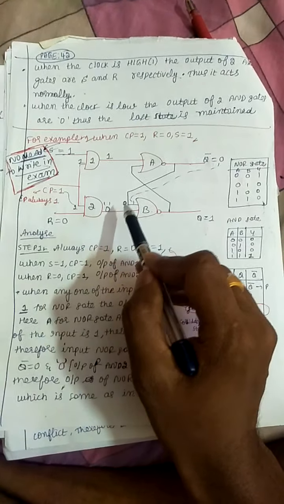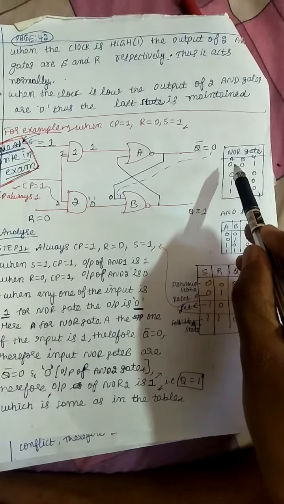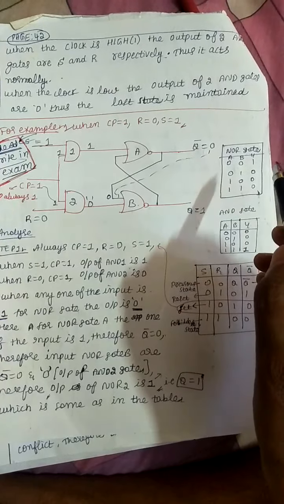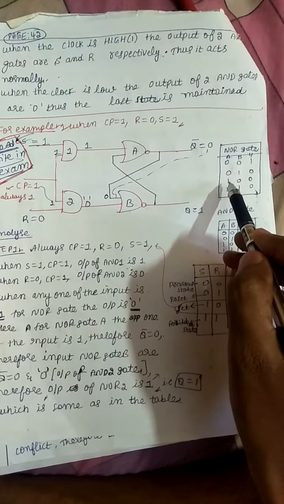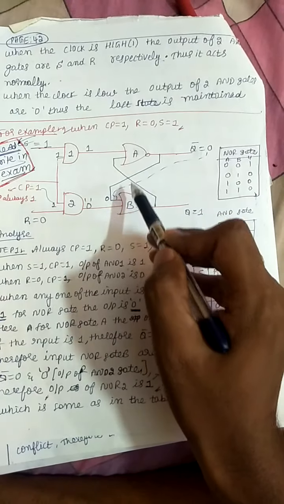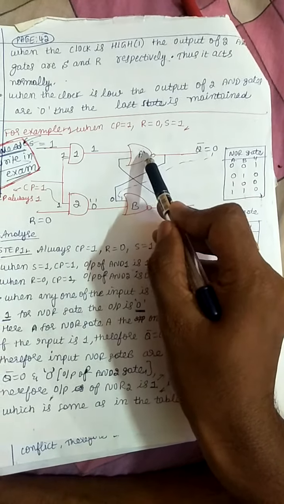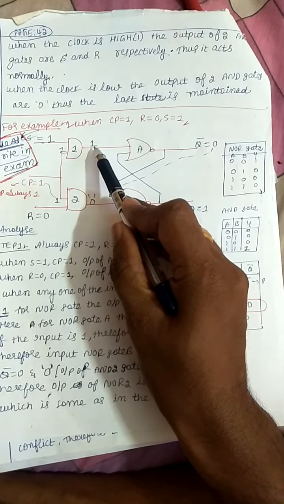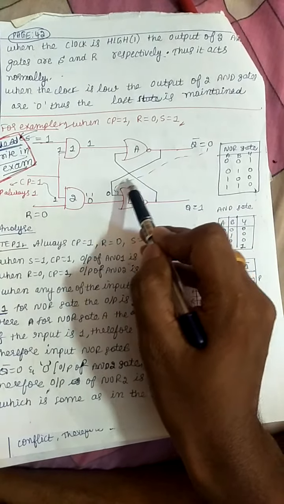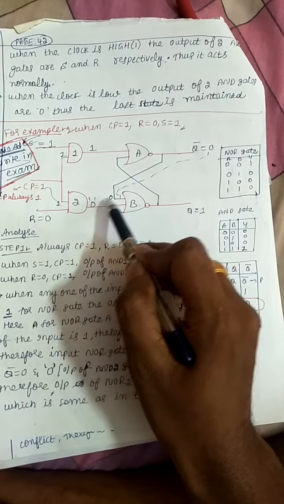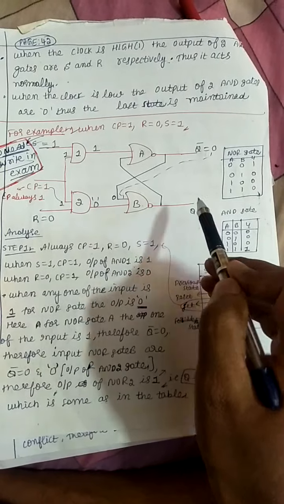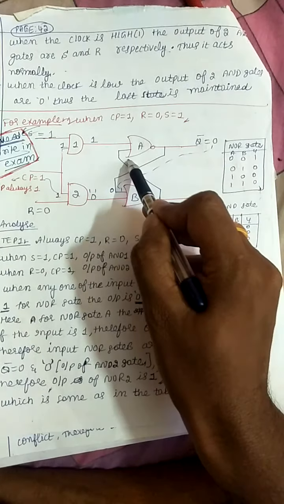Okay, then in the NOR truth table, as you all know, if any one of the inputs is 1, the output is 0. So in these two NOR gates, one NOR gate has input 1, therefore the output is 0. That 0 will be carried out here. 0, 0: if 0, 0, the output is 1. This 1 will be carried out here.